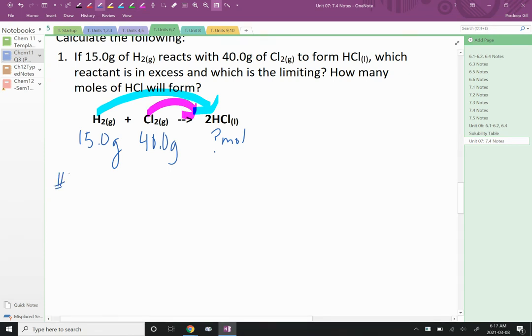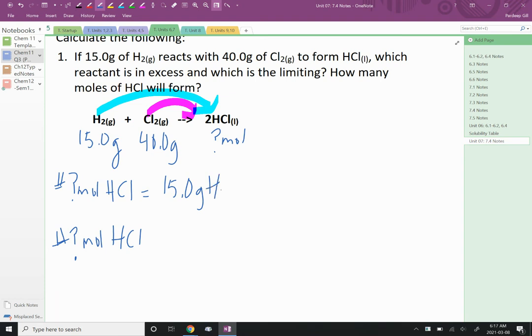I'm just going to walk you through this one, and you can pause it at any time. Because I have 2 starting materials, I have to set up 2 stoichiometry calculations, one for H2 and one for Cl2. The one that gives me the smaller amount of product is going to be my true value for answering my final question.